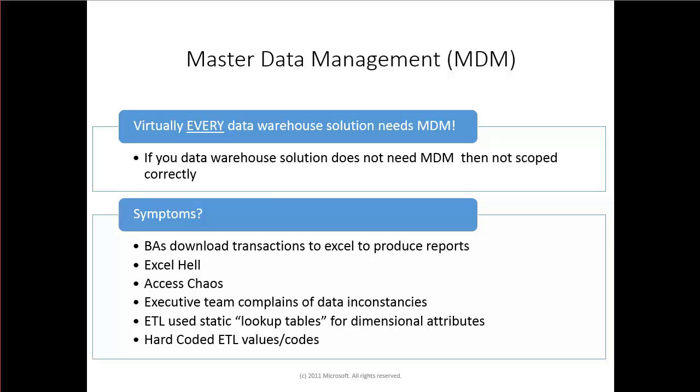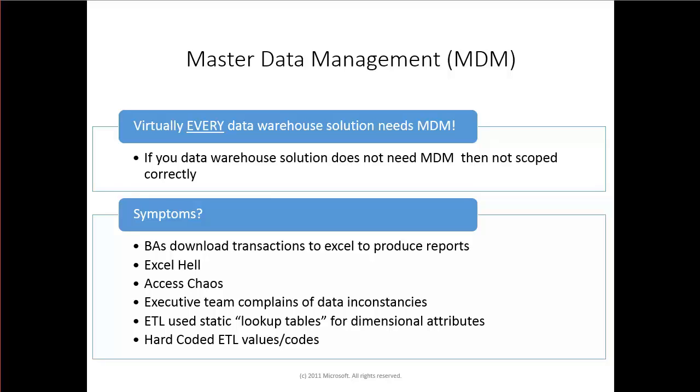If your executive team is complaining because none of the reports produced by lower levels of management have consistent numbers that match, then you know that you need to think hard about having a master data management solution across the entire enterprise. And really, this is the whole goal and object from a business value perspective that a data warehouse can deliver on. And so one of the most important things is master data management.